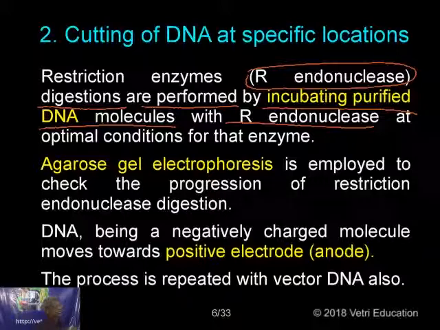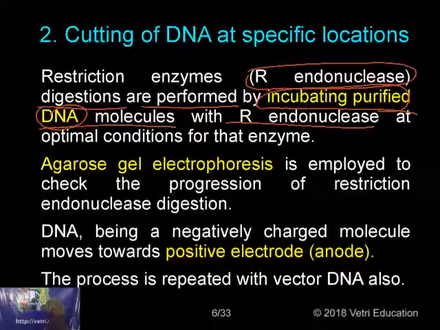Any enzyme is very specific, and it has a very narrow range for its optimum reaction, or the optimum output. So this is done by incubating the purified DNA along with the endonucleases at the optimal temperature, and you will be able to get the product.